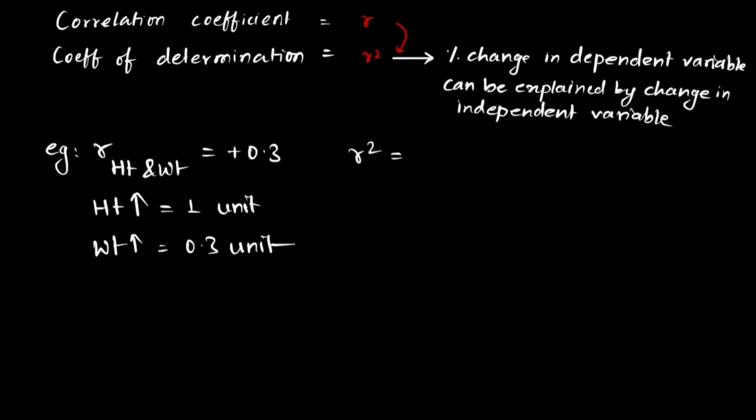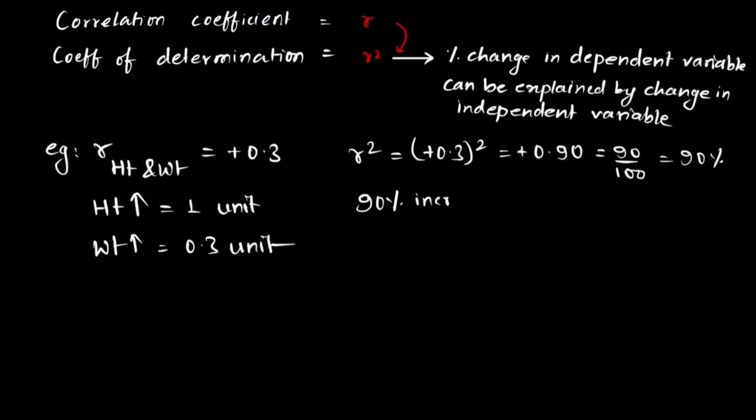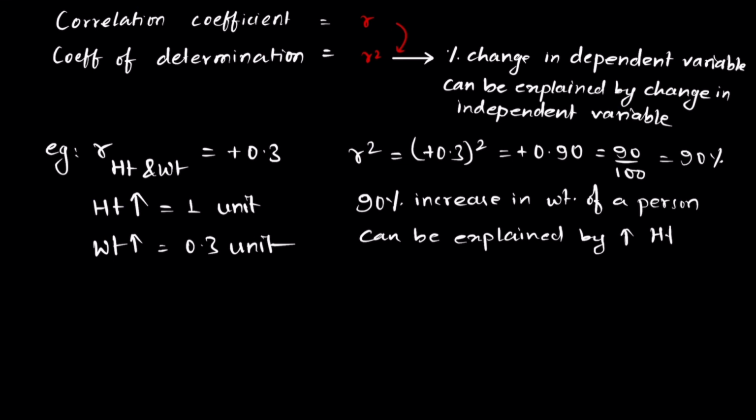Coefficient of determination equals r square, which is 0.3 square, or 0.90, or 90 by 100, or 90%. So what does 90% mean? It means that 90% increase in weight of a person can be explained by increase in height of that person.